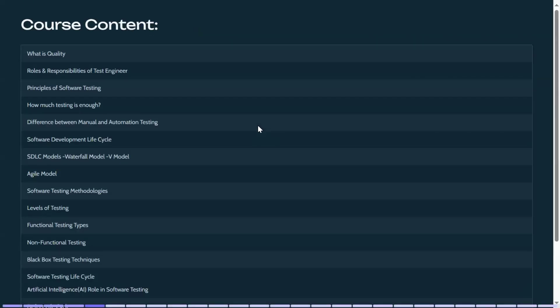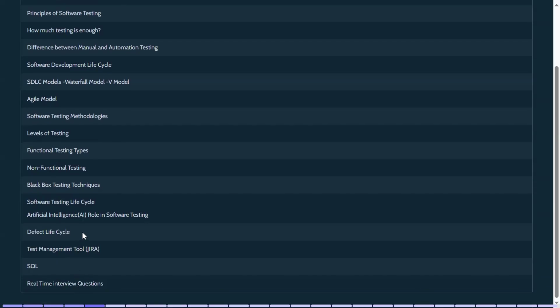So here is the course coverage. We will be covering almost the end-to-end concepts of functional testing, which includes the software development life cycles and advanced models, levels of testing, the difference between functional and non-functional testing, and even the difference between black box and white box testing techniques, how the software testing life cycle drives the system, the role of artificial intelligence, defect life cycle and test management tools, how we maintain our test case repository, and SQL database, how we validate database queries.